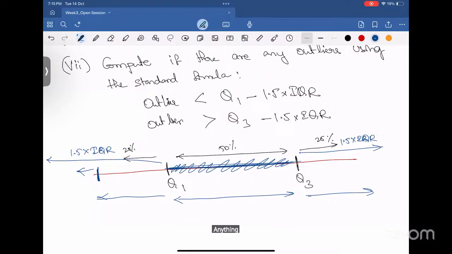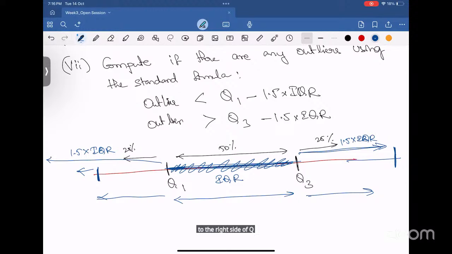Anything within them is not an outlier. This is IQR, though it is not up to scale, so don't get confused. I multiply this with 1.5, so I take this whole length as well as 0.5 times of it, and I go towards the right side and mark my border.